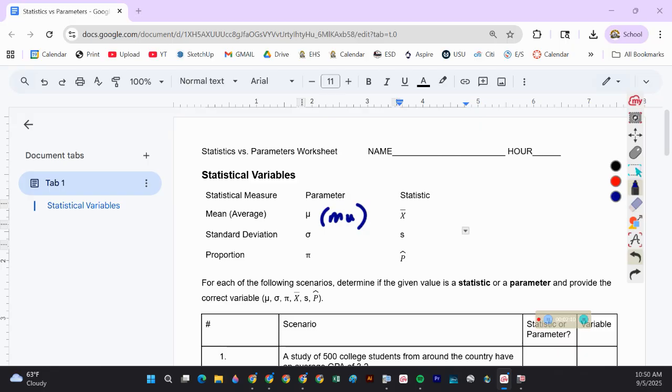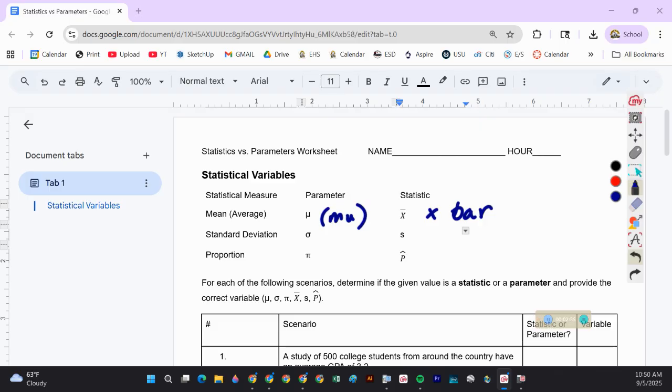Anyway, lots of Greek letters. Okay. So if you calculate the average of a sample, then that variable is what we call x bar. So anytime you put a straight line over the top of a variable, that's pronounced bar. So the sample average is x bar.